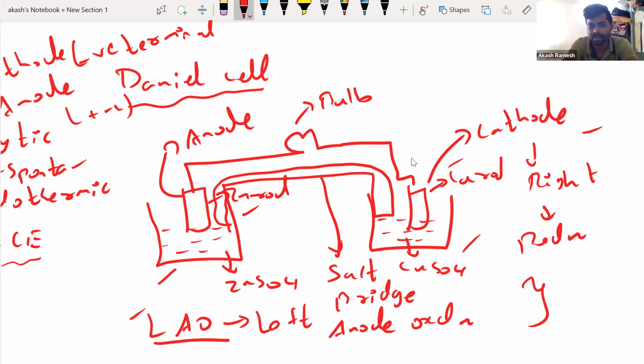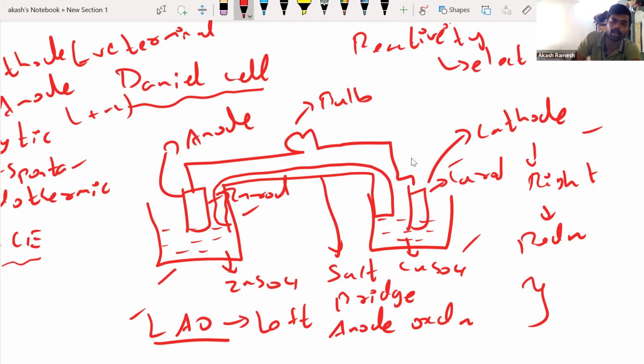Now, when I talk about reactivity, people, when I say reactive, that too when I talk about metals like zinc and copper or aluminum, sodium, something like that, I am actually talking about electropositivity, right? What is electropositivity, people?